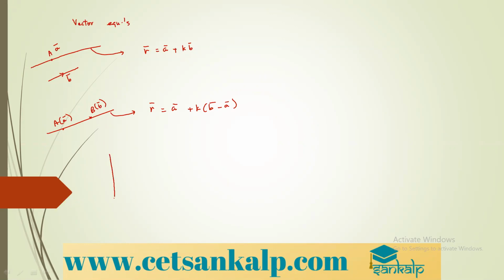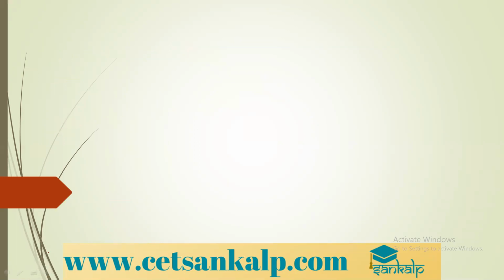If you want to find the perpendicular distance from a point P whose position vector is r, from a plane passing through the point A whose position vector is a, and parallel to vectors B and C, I will draw this in the next page.